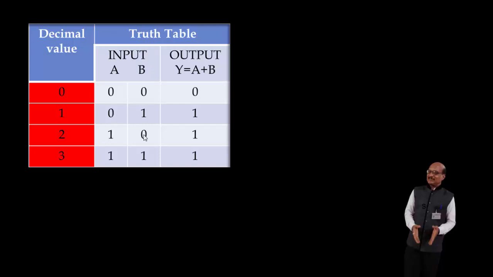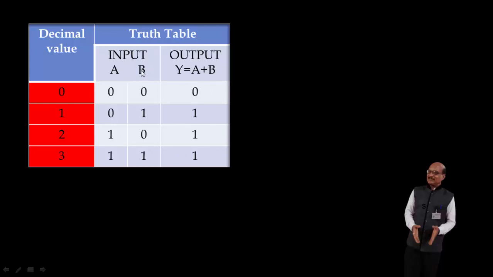So for example, here we have taken two inputs A and B. Now the total number of possibilities for two inputs is 4, and these 4 possibilities are A is 0, B is 0, A is 0, B is 1, A is 1, B is 0, and A is equal to 1 and B is also 1. So depending upon the values of these inputs A and B, the output varies in accordance with the type of gate.